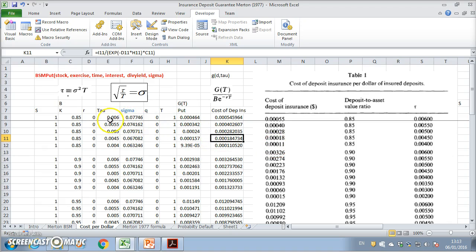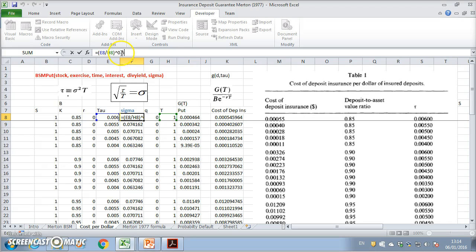Also important here is the tau value that's given here in the Merton 1977 table 1. That tau of 0.006 is equivalent to a Black-Scholes sigma of tau, so 0.06 divided by t, t is 1, and then take the square root.